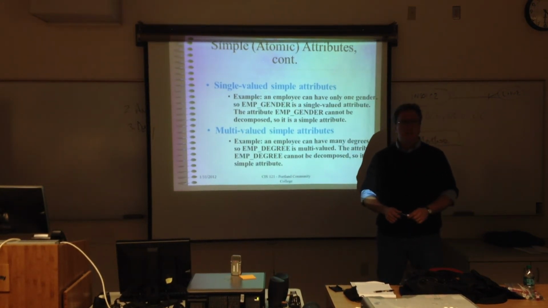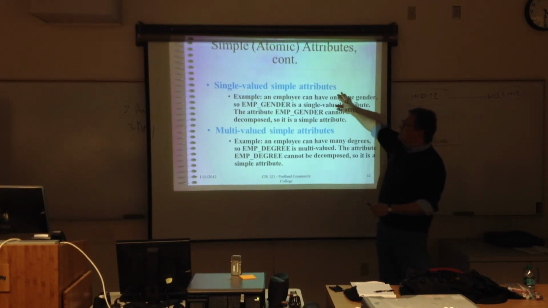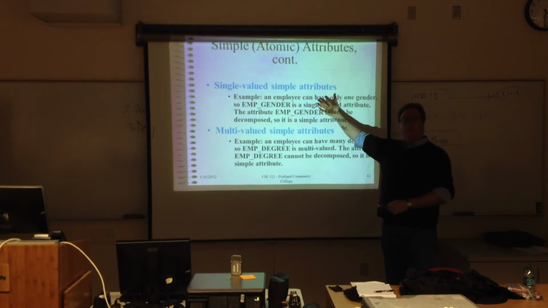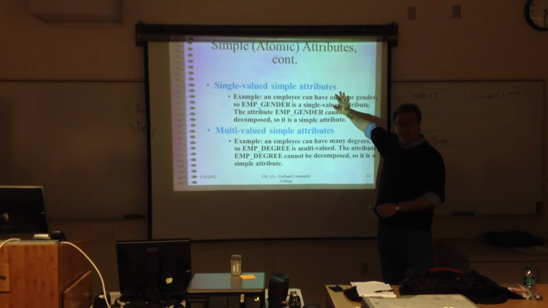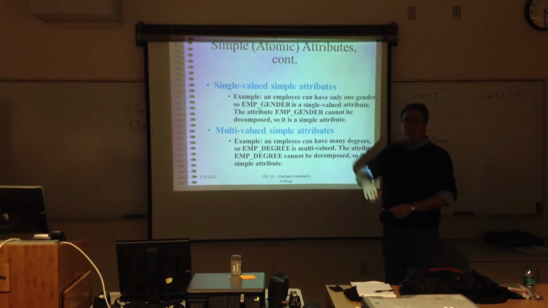Typically, each one of us is only one gender at a time. I've been this gender my whole life, I don't plan on switching. If you were tracking a medical database, you may need to change this. But for those of us who are just tracking students, you declare a gender and I store it in the database.